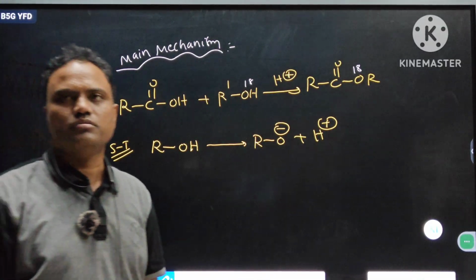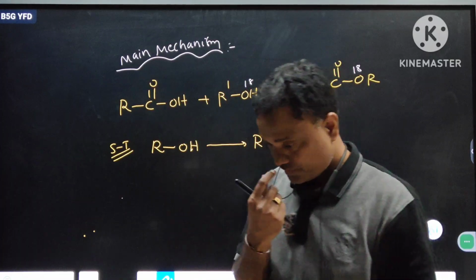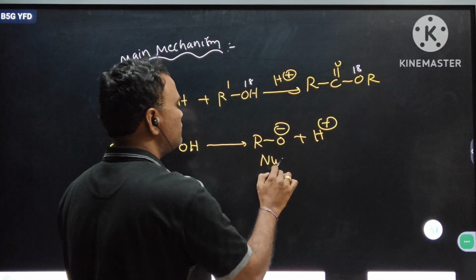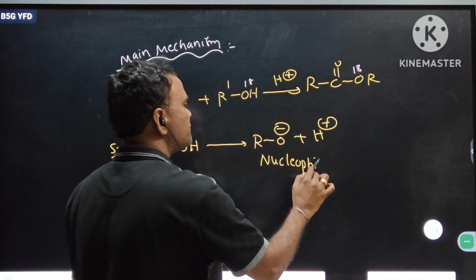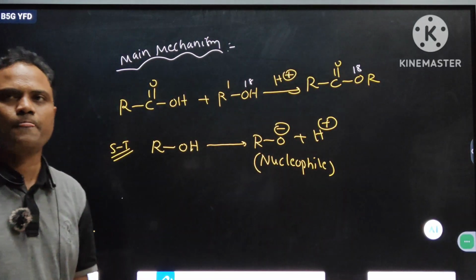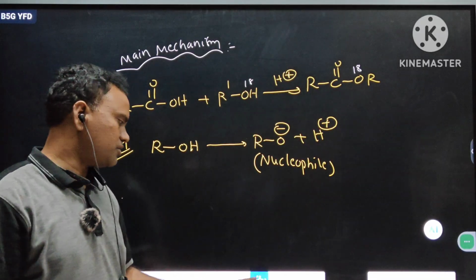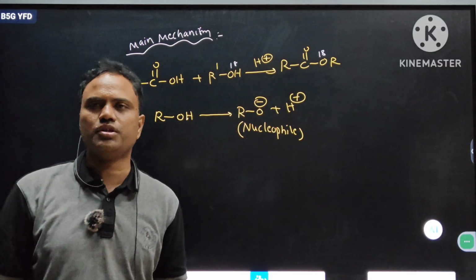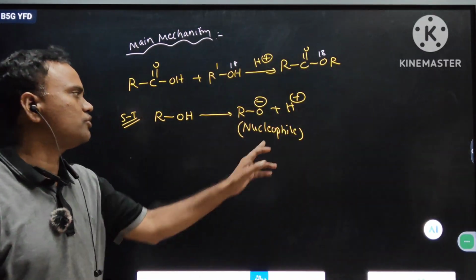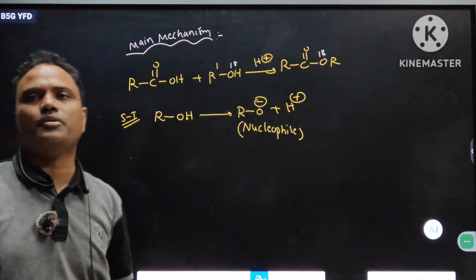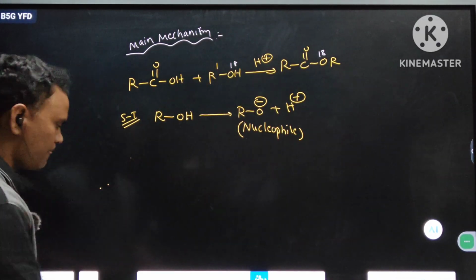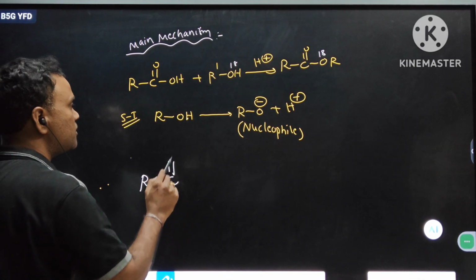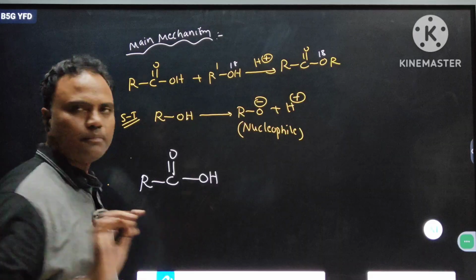Alcohol dissociates into H plus and alkoxide ion. This is considered as a nucleophile. Negatively charged species can be considered as nucleophiles. In step 1, alcohol dissociation takes place, and in step 2, this nucleophile attacks the carbonyl carbon of the carboxylic acid. The main mechanism is optional only. Again, I am saying, if you are interested, learn, otherwise simply skip. Nothing will happen.